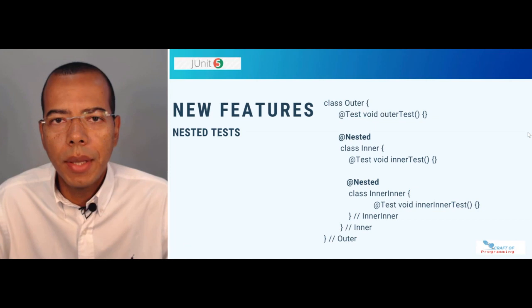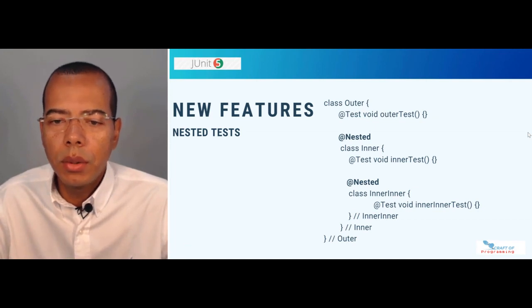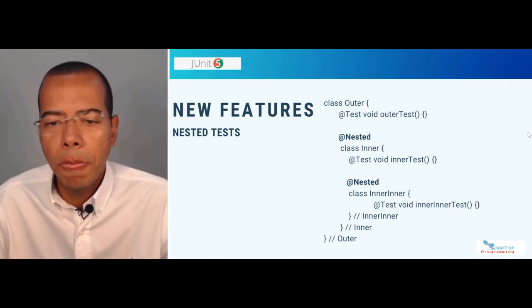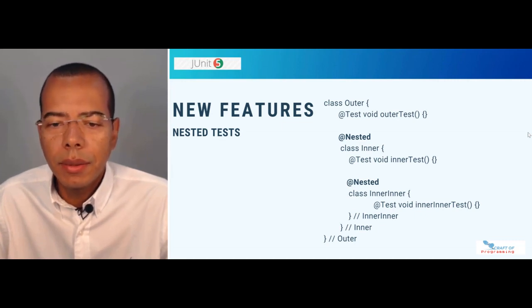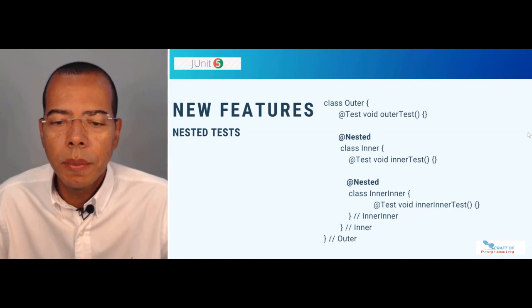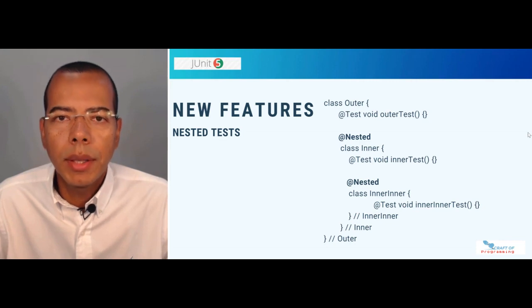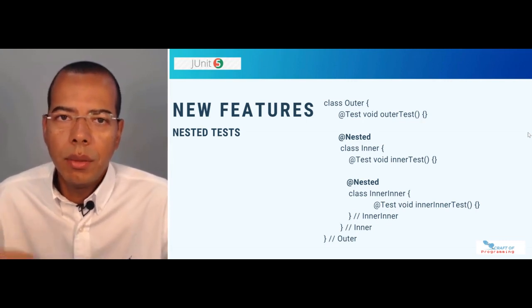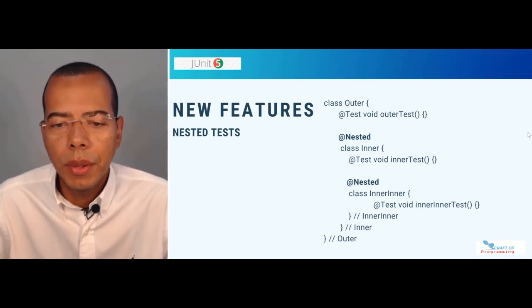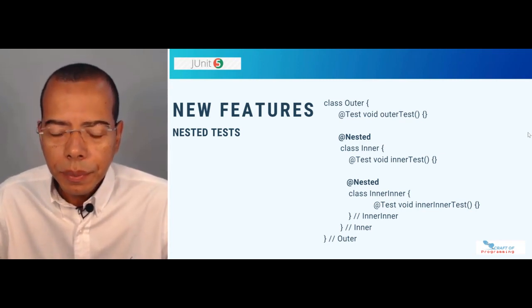Another new feature of JUnit 5 is nested tests. Now you can put effectively inner classes inside of classes for tests, and you can group your tests like that. This might be useful, for example, the canonical example that JUnit 5 shows is when you're testing a stack, which is a deeply nested data structure.